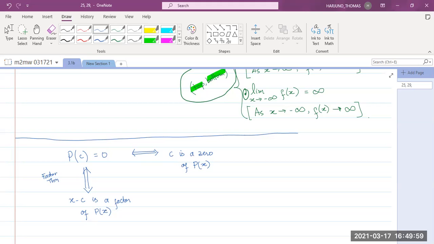Okay, now the thing is, if c is a real number, so this is a big one.